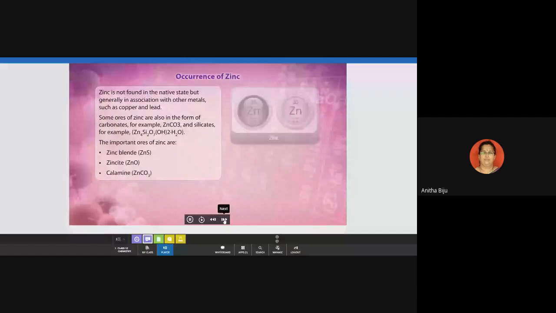Zinc exists in different forms, and this is important, you can note it down: zinc blende, zincite and calamine. Zinc blende is a zinc sulfide ore, zincite is an oxide ore and calamine is a carbonate ore. Out of these three, zinc blende is chosen for the extraction of zinc. So the ore used for the extraction is zinc blende.